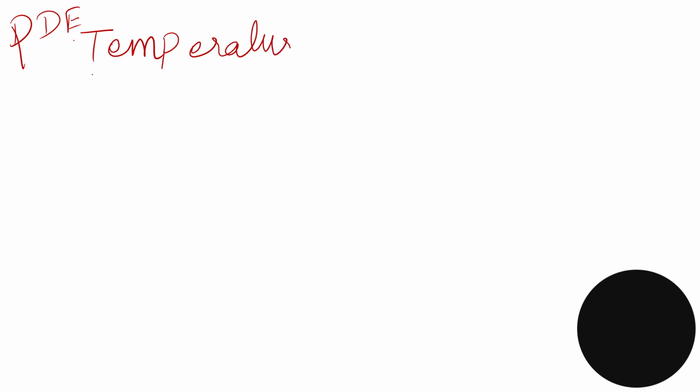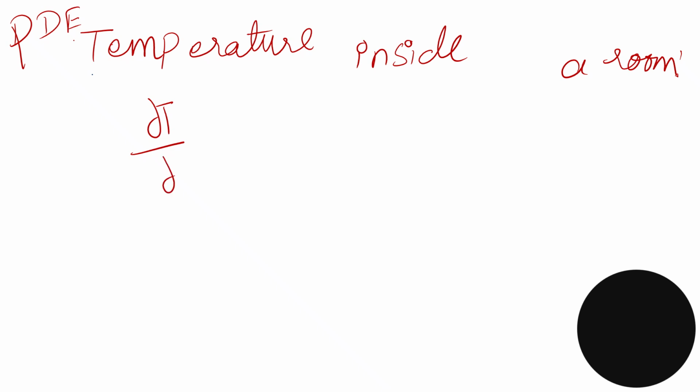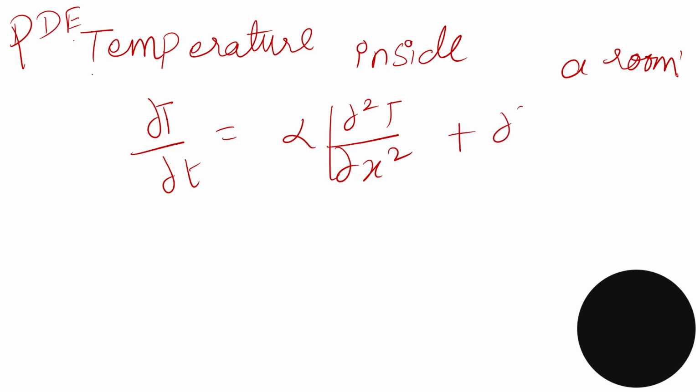So, for example, for PDE, the temperature inside a room. So this is partial dou T by dou t equal to alpha of dou square T by dou x square plus dou square T by dou y square.